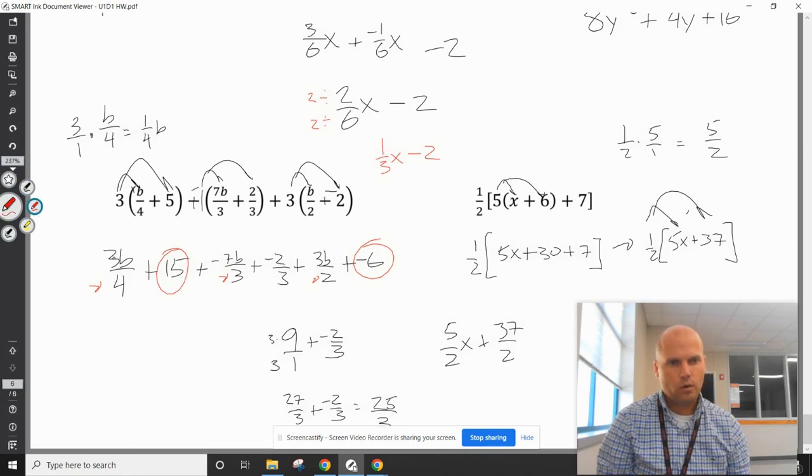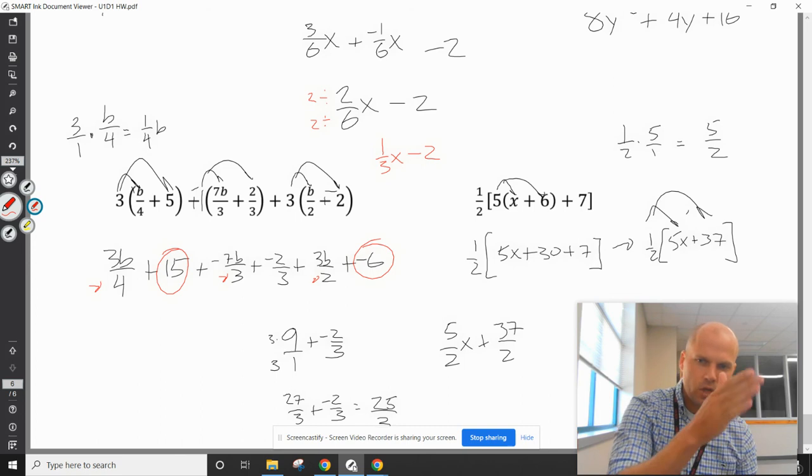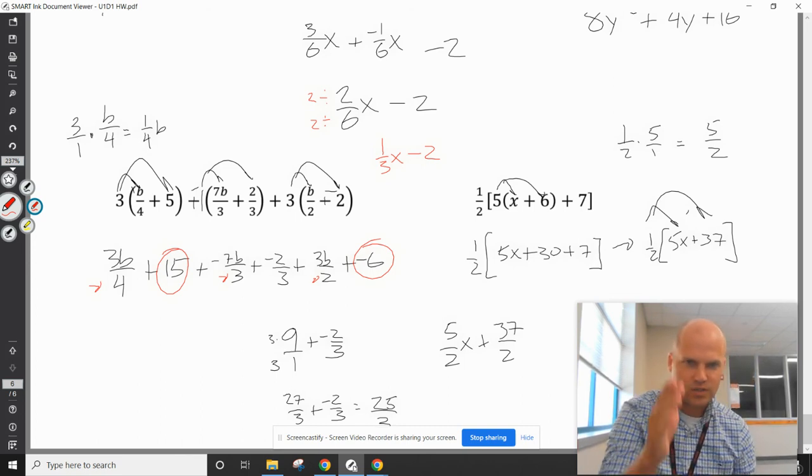Now, what about all these apples? I've got 3/4 of an apple. I owe 7/3 of an apple, and I have also 3/2 of an apple, or 1.5 apples. The only way to be able to add these together is if they are like slices. Instead of fourths, thirds, and halves, let's turn them into something that they can be compared to. Let's turn the fourths into twelfths, the thirds into twelfths, and the twos into twelfths.